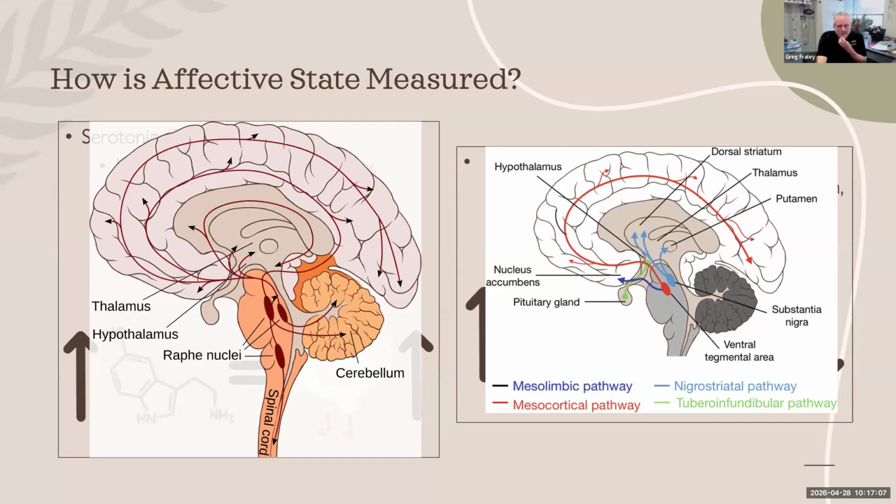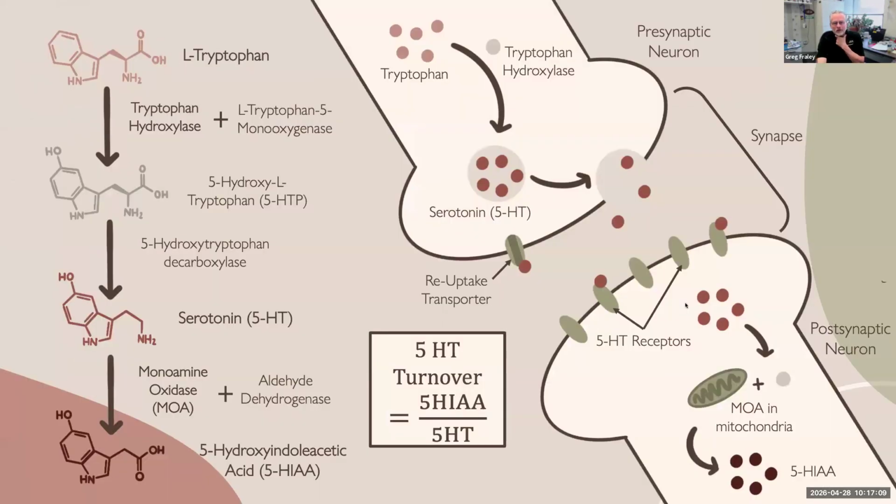So I want to tell you a little bit more about how we measure it in my lab. Anna already gave us a nice description of the synthetic pathway. So, serotonin is made from the amino acid tryptophan.